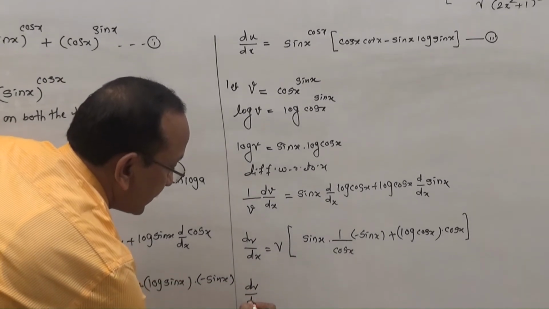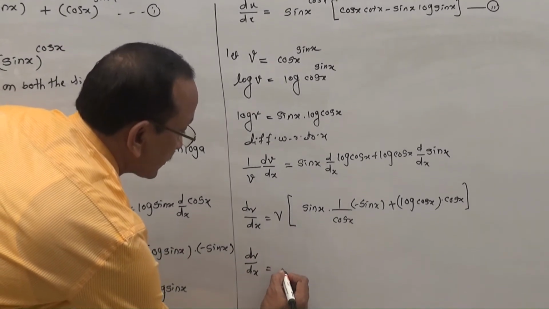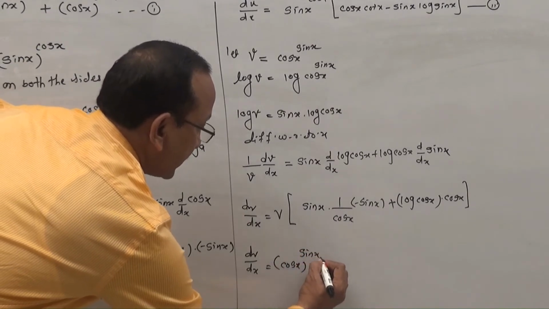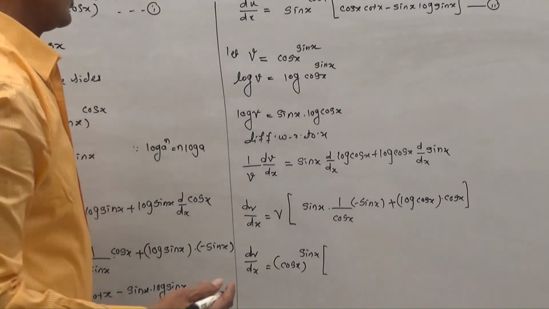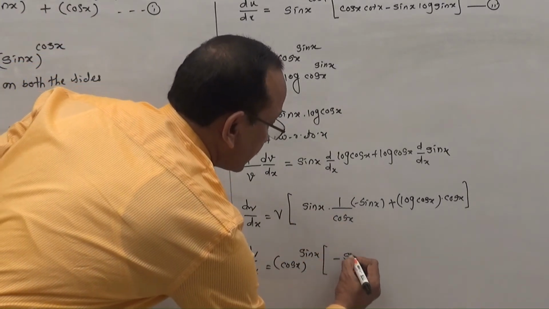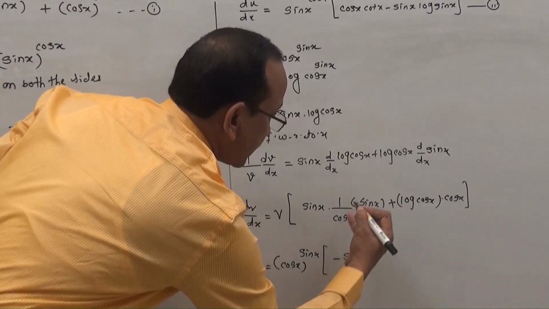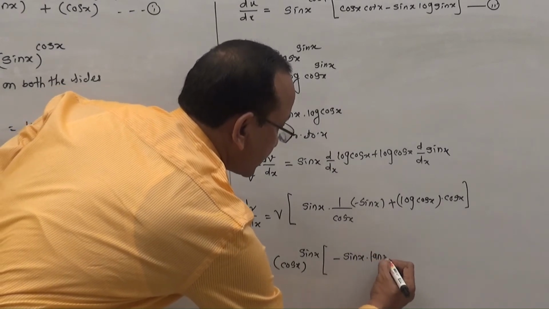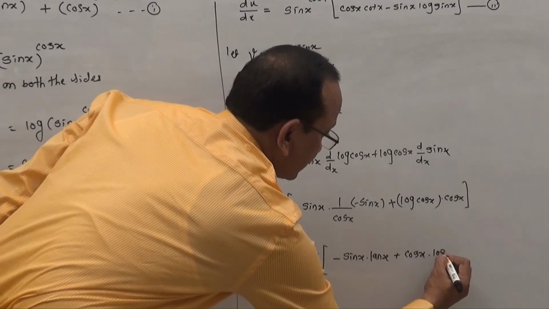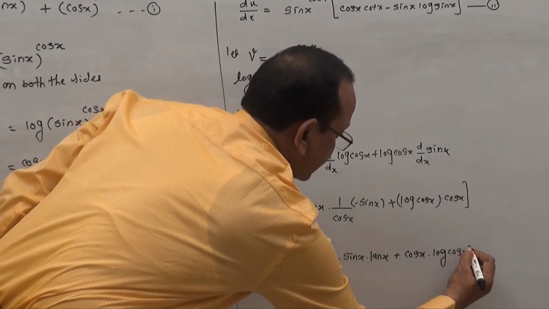So dv by dx is equal to cos x raised to power sin x into bracket minus sin x into sin upon cos, which is tan x, plus cos x into log of cos x.